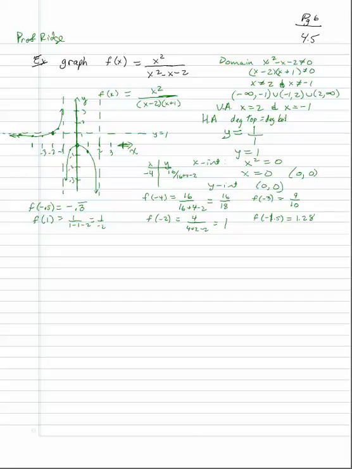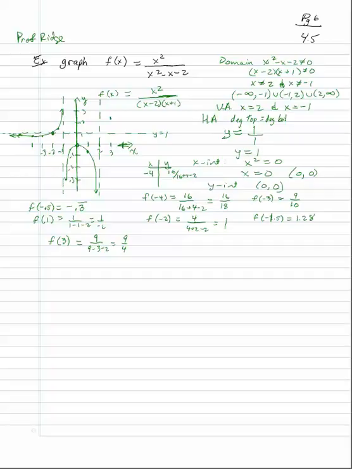And then now let's do f of 3. F of 3 is 9 over 9 minus 3 minus 2. 9 over 4, so that's 2.25.